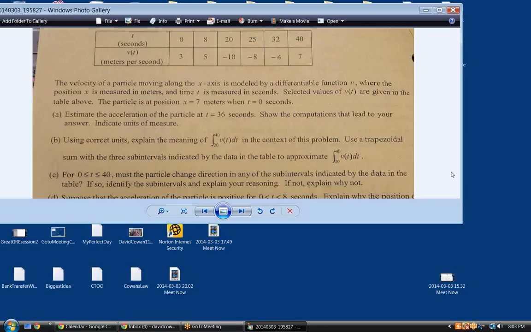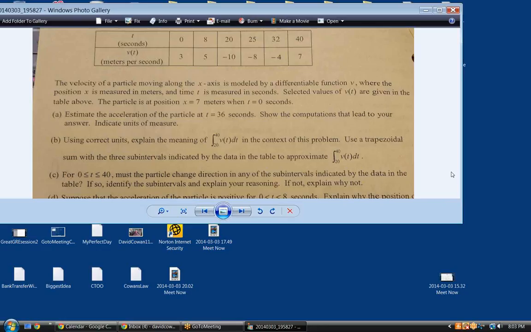All right, let's see. The acceleration of the particle is going to be the derivative of the velocity. So the velocity is going from -4 to 7 between 32 and 40.